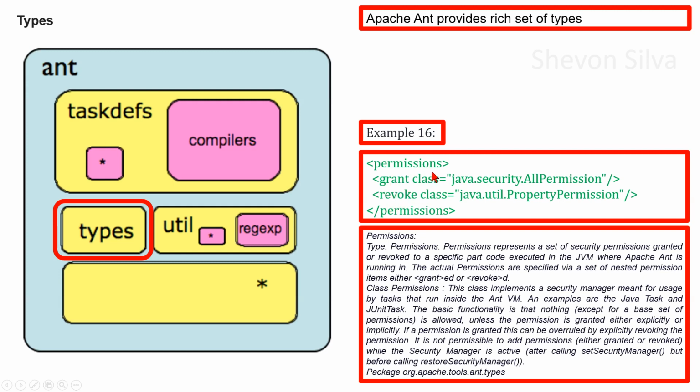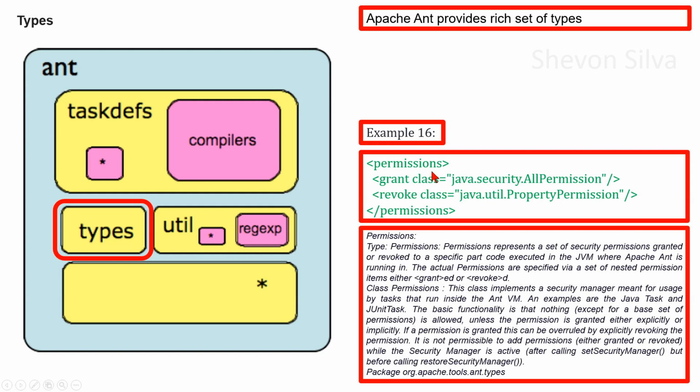With regard to API, we can consider class Permissions. This class implements a security manager meant for usage by tasks that run inside the Ant VM. Examples are the Java task and JUnit task.